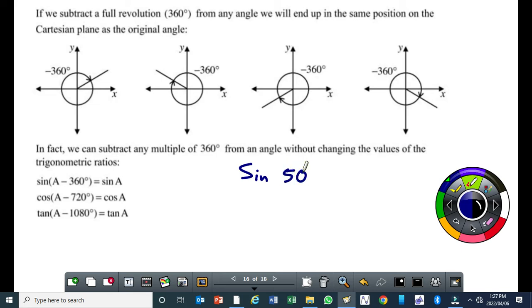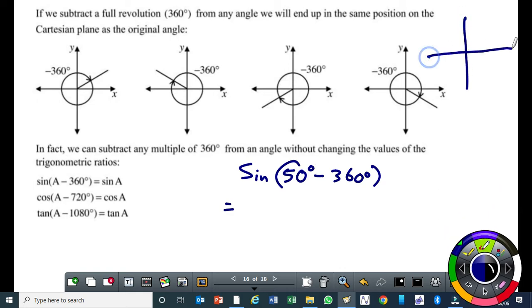If I subtract 360 from this, just doing this for interest's sake, I hope you know that this minus means I'm going clockwise from the first quadrant.